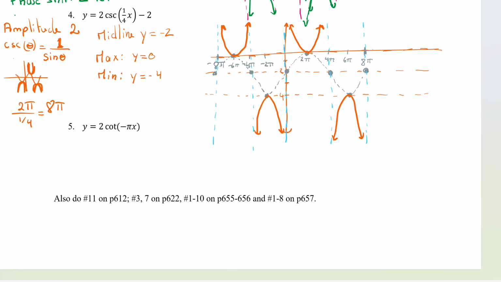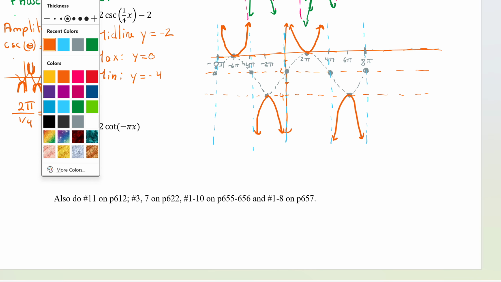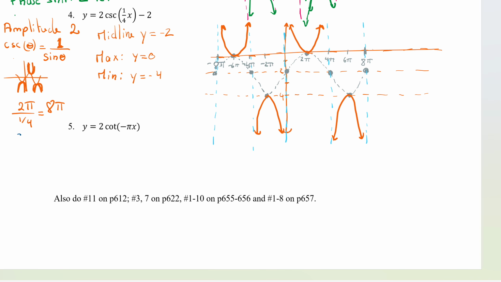Okay, this is a cotangent. We have an amplitude, so if it's a cotangent, my parent function would look like that, and that will go from 0 to pi, right? It intersects the x-axis at pi over 2.